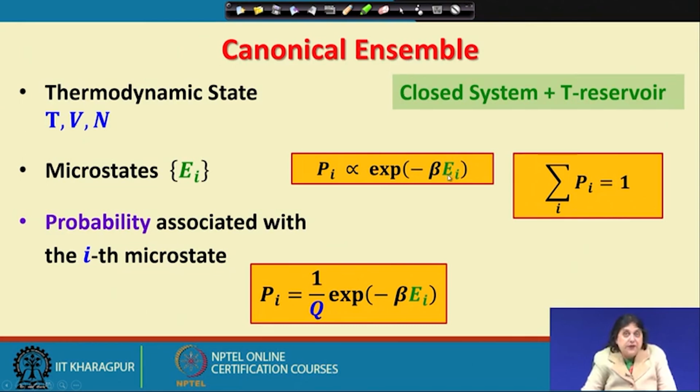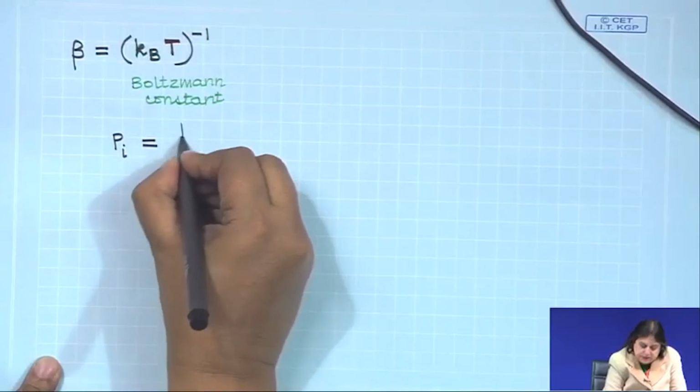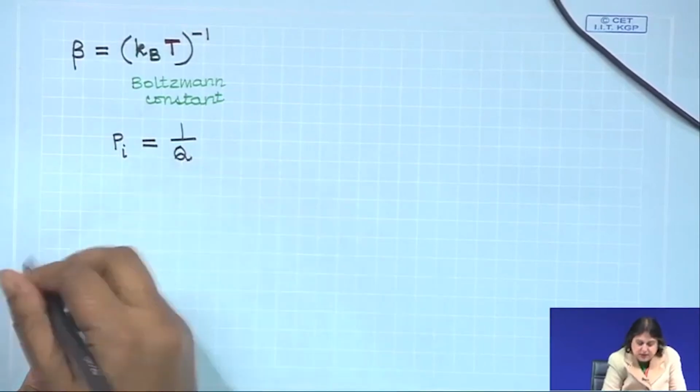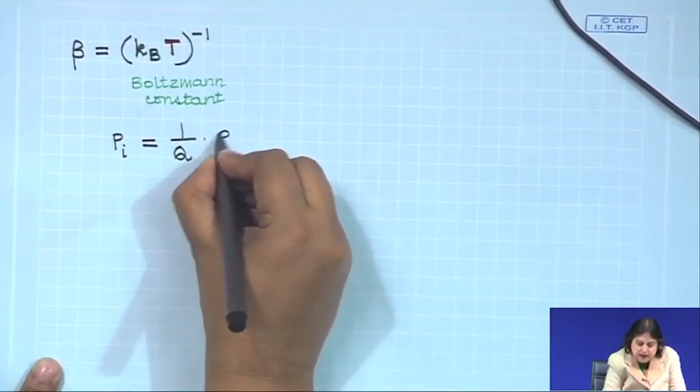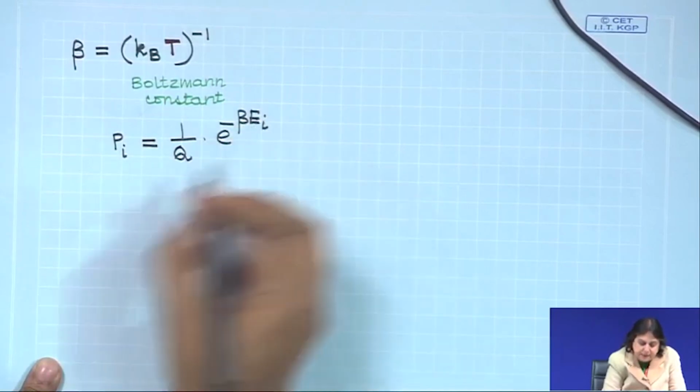Now, of course, if you talk about probability, as you have seen, there is a proportionality sign here. Now, I know that under the normalization condition, I must have that the summation over i of p_i equals 1. So, let me now write down that p_i is equal to some normalization constant 1 by Q multiplied by e to the power of minus beta E_i.